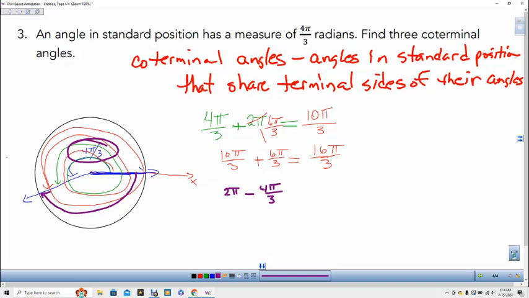We're going to subtract the 4 pi over 3 and get it there. Now, this is not the only way, and I'll show you the other way to find this in just a second. So, of course, we need a common denominator again, so we're going to do 6 pi over 3, and we end up with 6 pi over 3 minus 4 pi over 3 gives me 2 pi over 3.